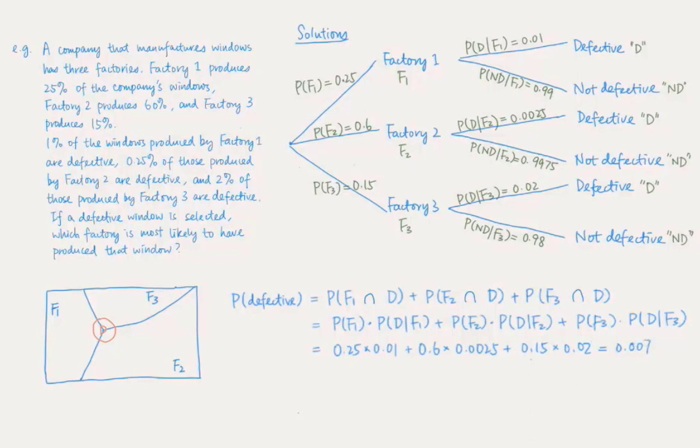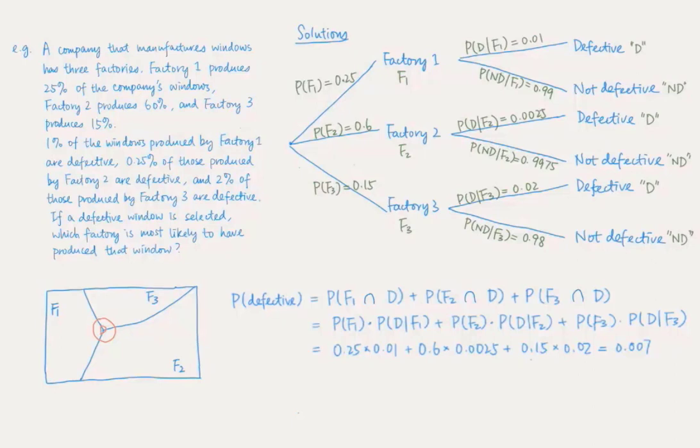If we refer to this diagram, first we have a 25% chance that the window produced comes from factory 1, a 60% chance that it comes from factory 2, and a 15% chance that it comes from factory 3. Once we know that the window is produced by factory 1, then either this window is defective or not defective.